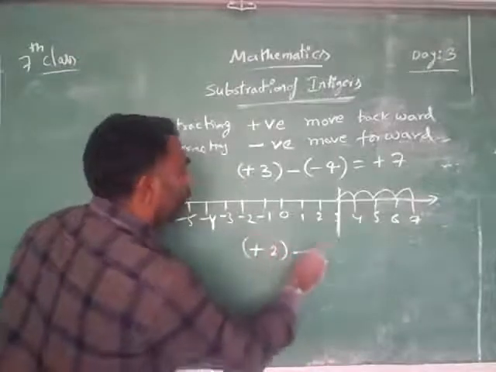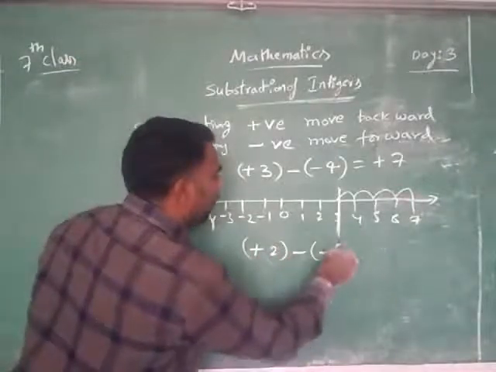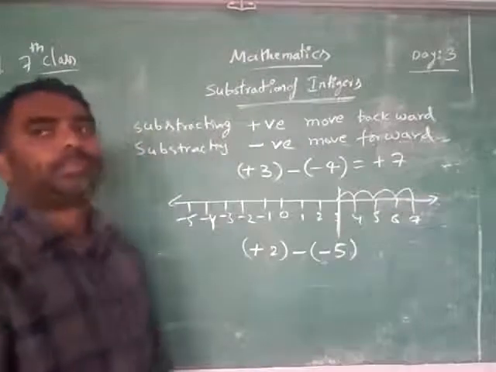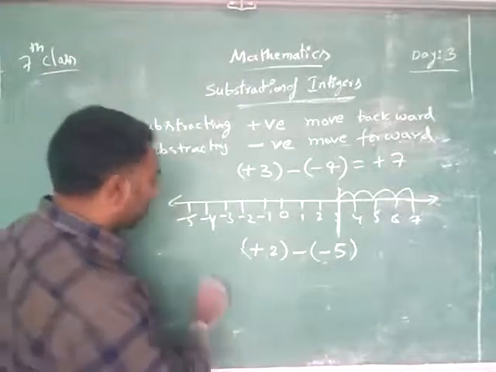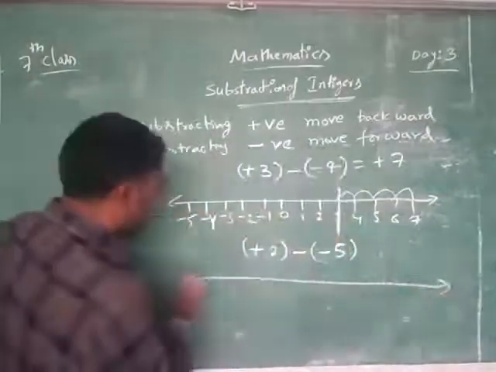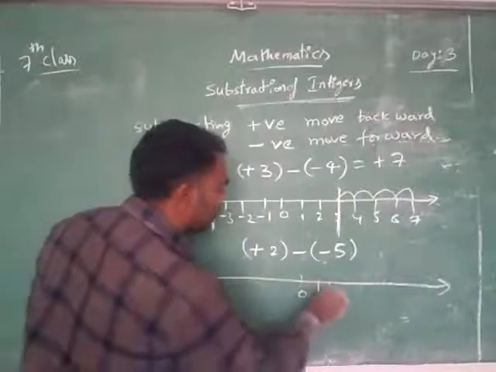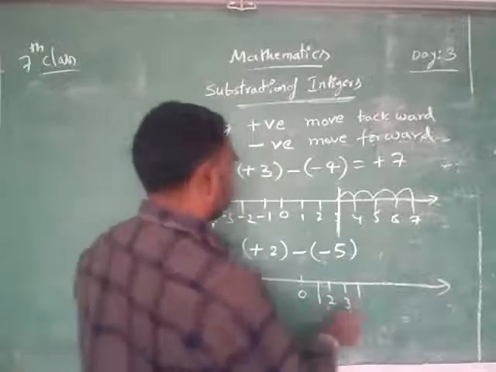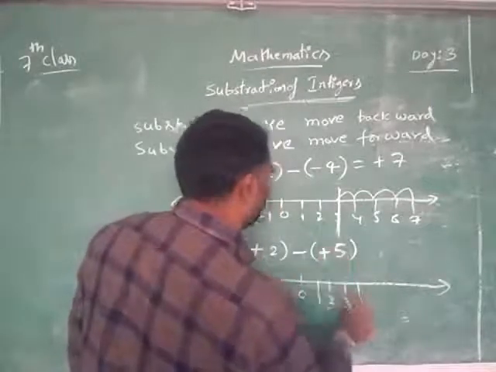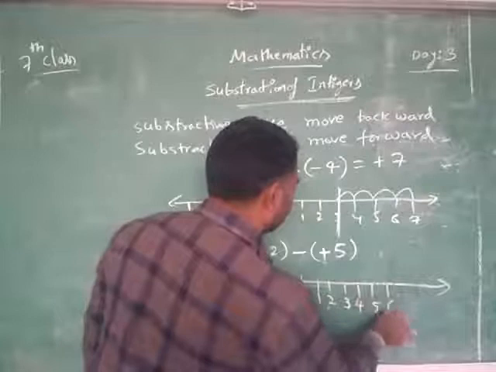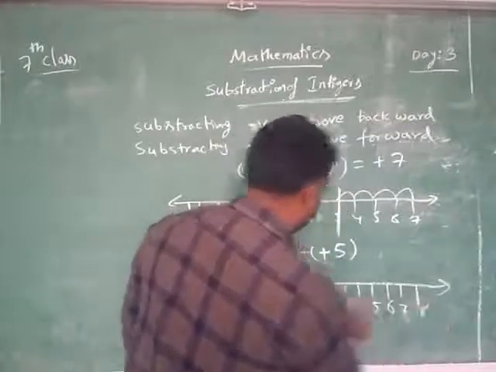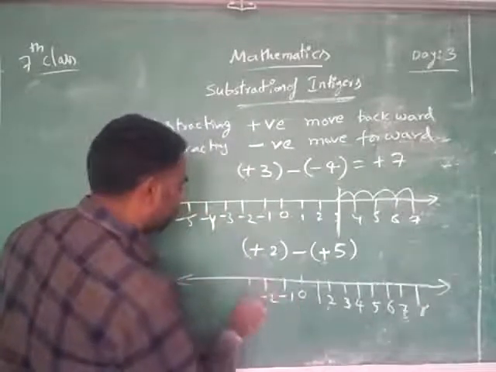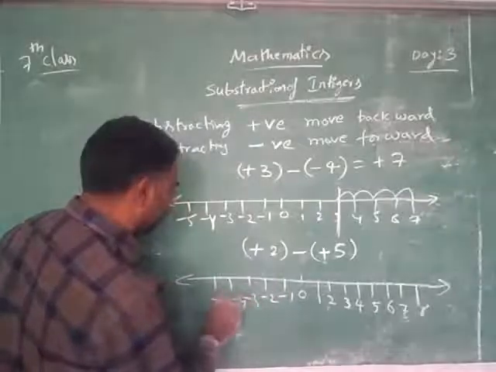Plus 2 minus plus 5 is the next question. So first of all, draw the number line and write the numbers. Minus 1, minus 2, minus 3, minus 4, minus 5.